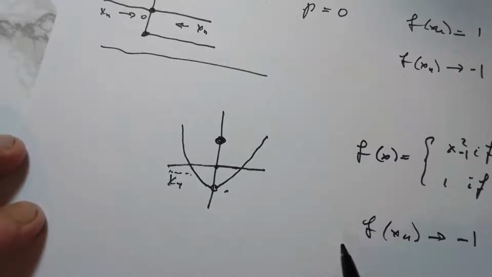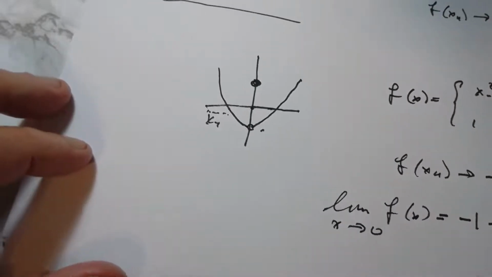And so the result is that the limit of f of x as x converges to 0 exists and is equal to -1, which is not equal to the value of f at 0.